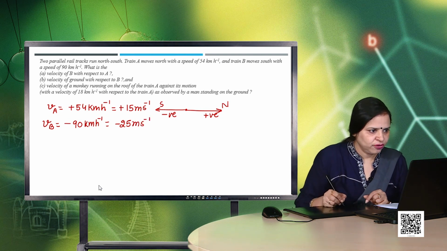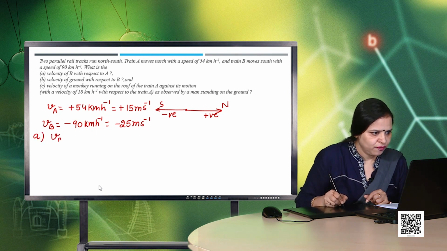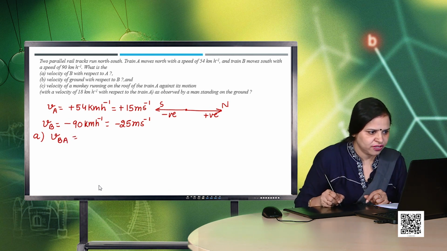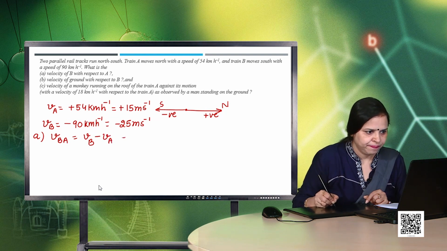Now, let us see what we need to find out. In the first part, we need to find the velocity of B with respect to A, that is, velocity of B relative to A. So, we know that velocity of B relative to A is VB minus VA.